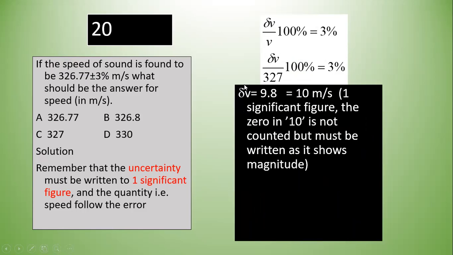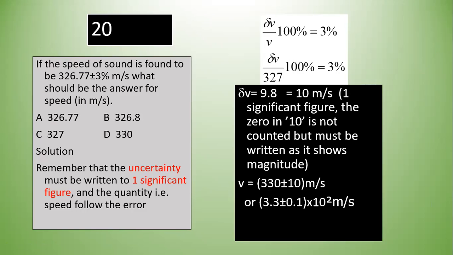I can find your delta V, 9.8. As you take this across, take 100 down. 9.8. Remember, you want one significant figure, you have to round off to 10. So you should write as 330 plus minus 10, not 327, because you can read up to the tens place here, not here.